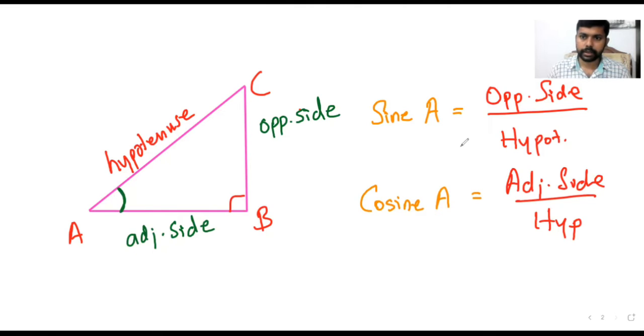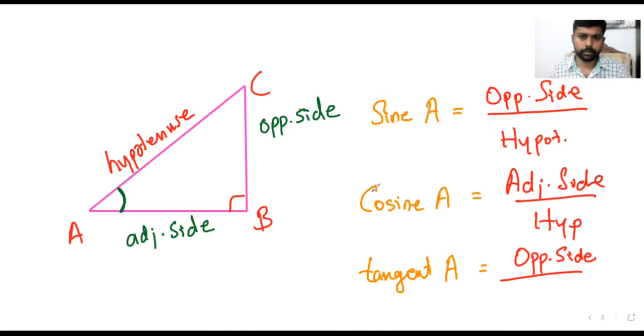In this case, this is AB divided by AC. And the third ratio is the tangent value of angle A. The tangent ratio of angle A is defined as the ratio between the opposite side and the adjacent side.